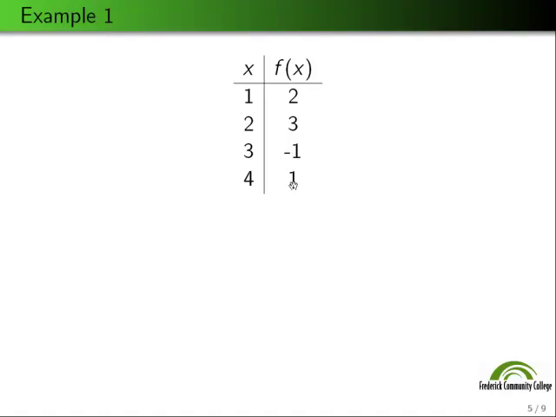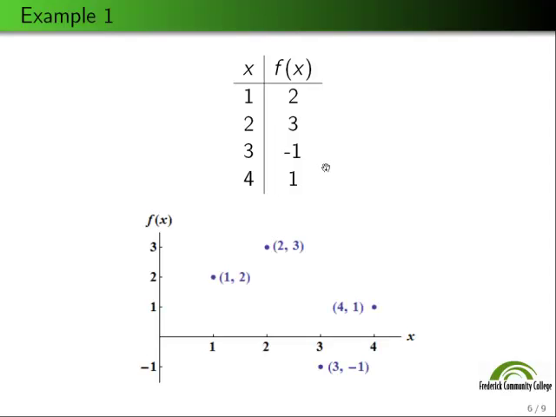So what we want to do is plot these points, and let's just look at the plot here and talk about it. When x is 1, f of x is 2, so that is this ordered pair here. Notice this axis here is labeled with an x.